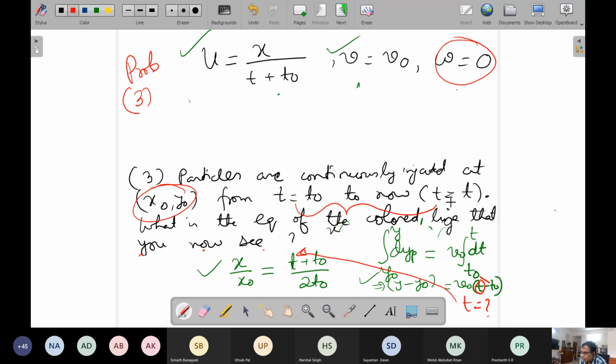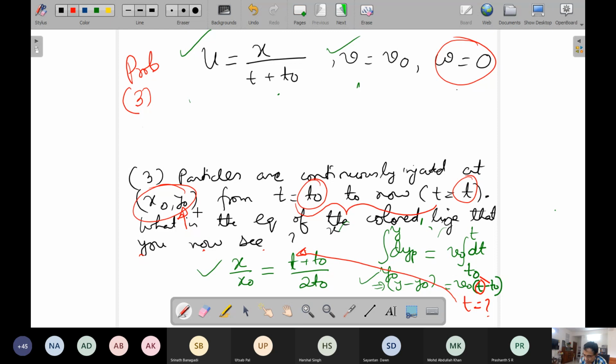So what you want really is to see the locus of all particles which at some point of time, anything between t0 to t, passed through this point. So this is clearly a streak line equation that we are talking about.